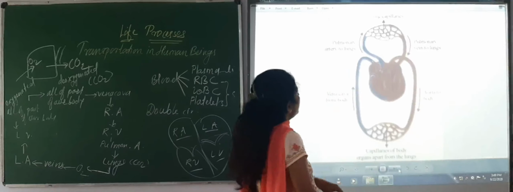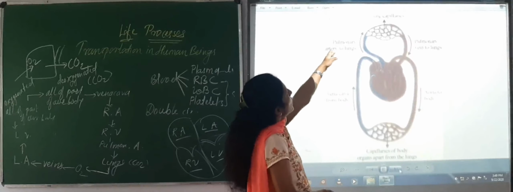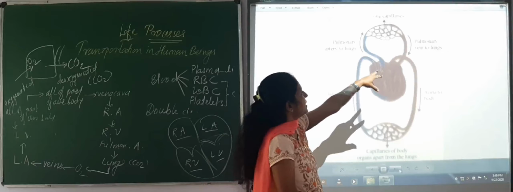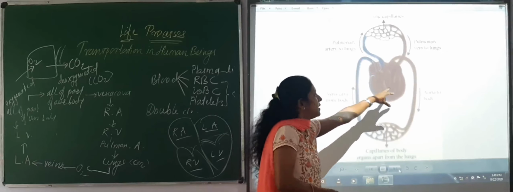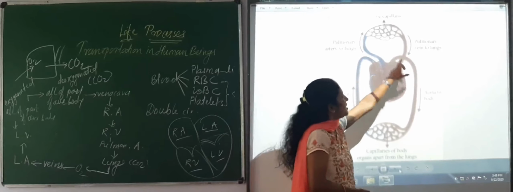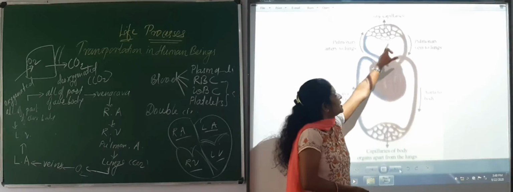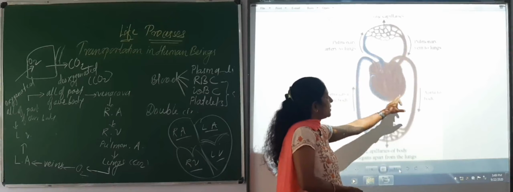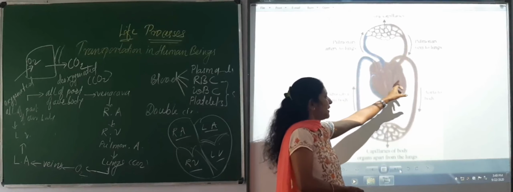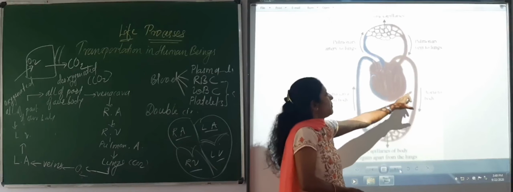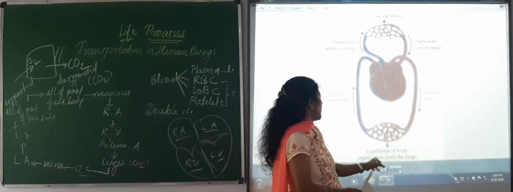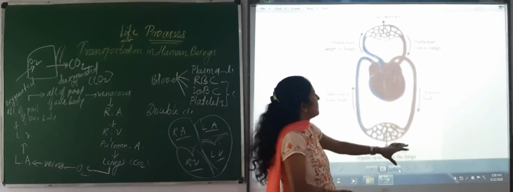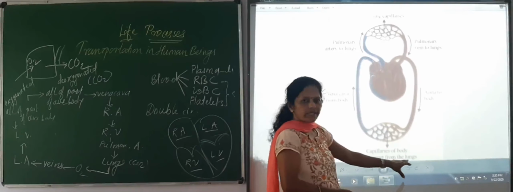Here you are observing the lung capillaries. Pulmonary veins bring the oxygen rich blood from the lungs. Then it moves through the heart to the left side of the body. From the aorta it goes to the capillaries of the body organs, so different parts of our body get the oxygen rich blood.